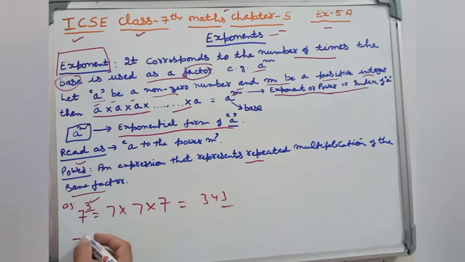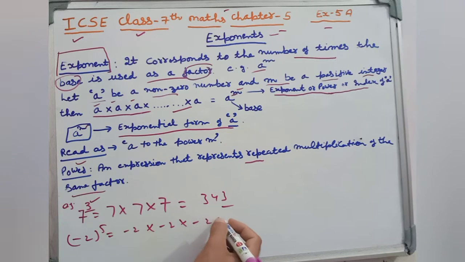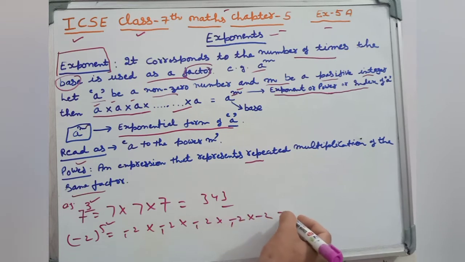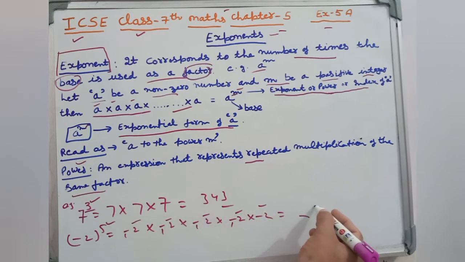If I write minus 2 raised to power 5, that will mean minus 2 multiplied by minus 2, how many times? Its power is 5, so we will take it 5 times. Minus 2 minus 2 minus 2 minus 2 minus 2. Now here minus minus plus, minus minus plus, plus minus, our answer would be negative. 2, 4, 8, 16, 32.